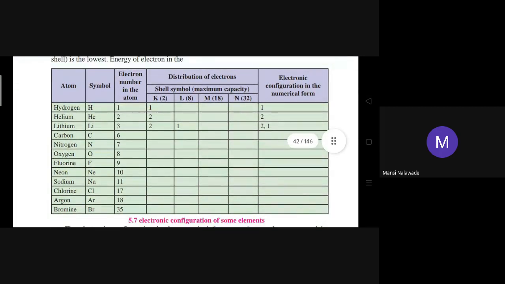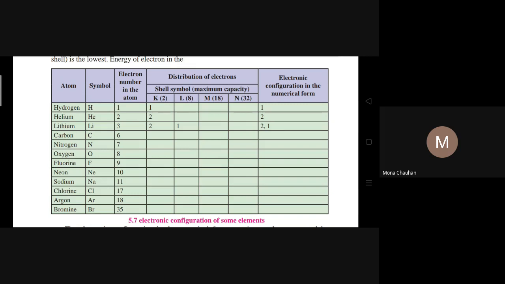So how will you find the electronic configuration of that particular atom? Hydrogen contains only one electron, so that electron will go inside the K shell because the K shell has a capacity to hold 2 electrons. Now helium. Helium contains 2 electrons that will also go inside the K shell.